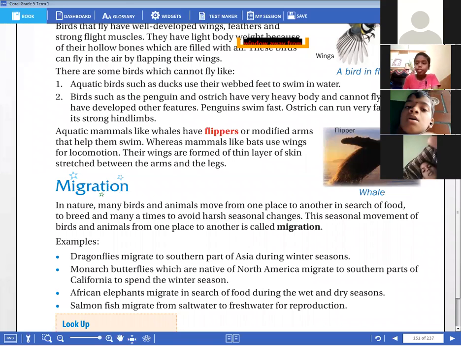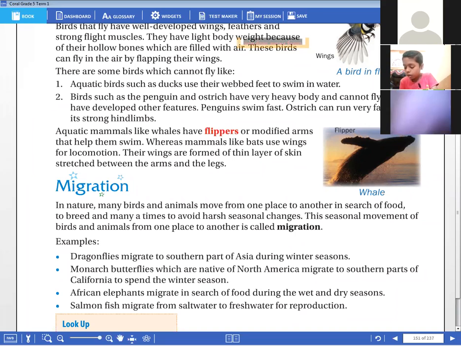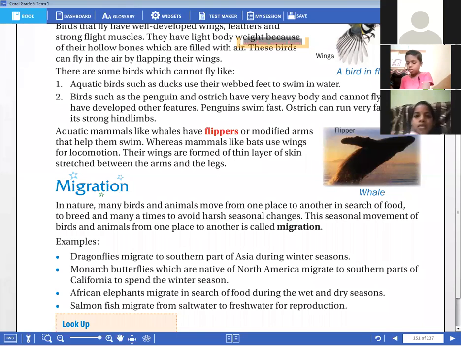Next, African elephants migrate in search of food during the wet and dry seasons. See children, African elephant. I told you there are two elephants in the world. African elephant is there and Indian elephant is there. There is a slight difference between the body structure of African elephant and Indian elephant. You can observe the change in the size of ears. They migrate in search of food.